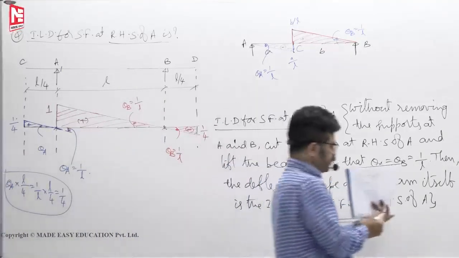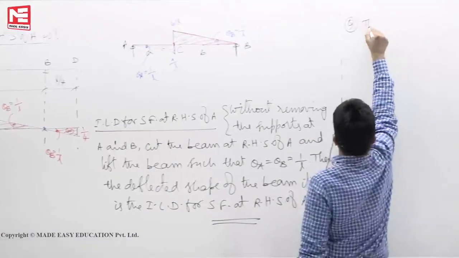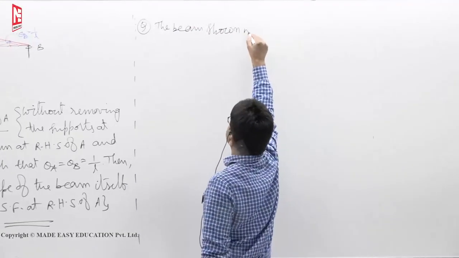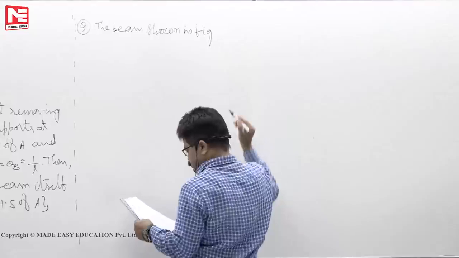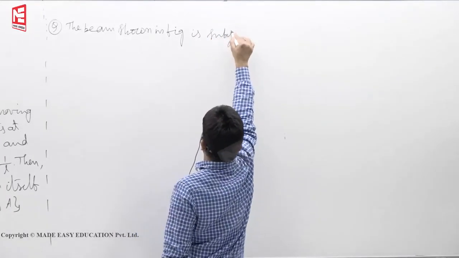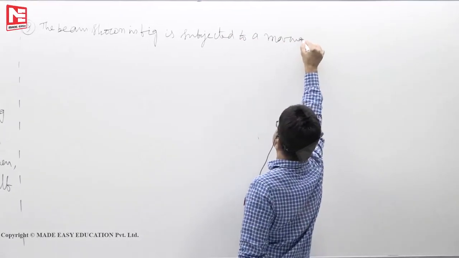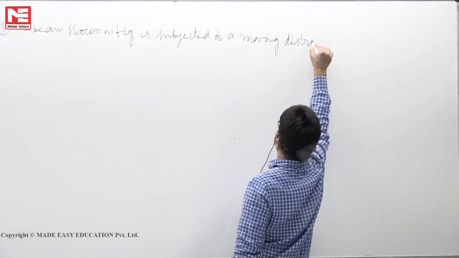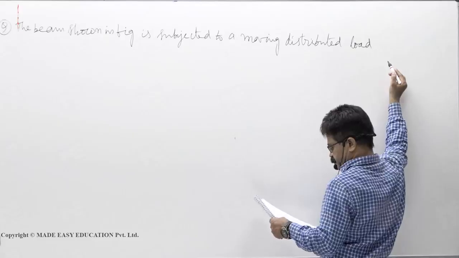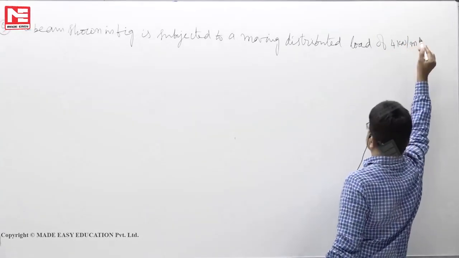The beam shown in figure is subjected to a moving distributed load of 4 kilonewtons per meter width.